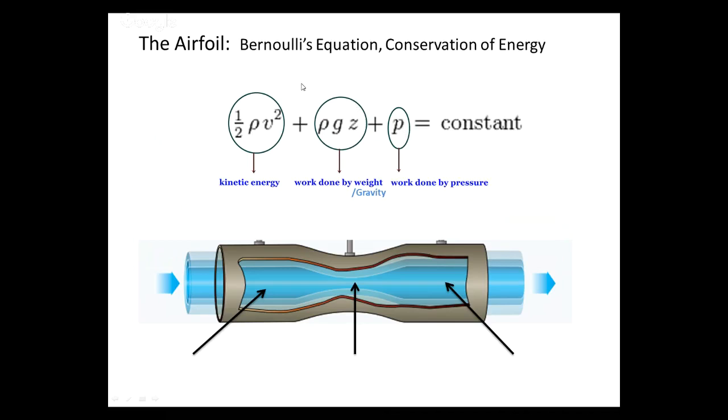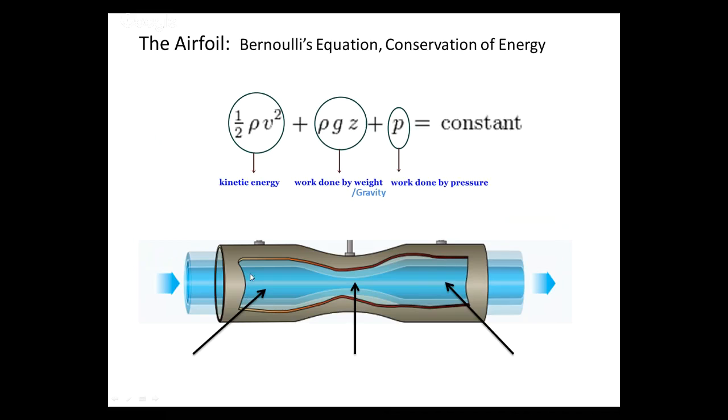What Bernoulli's equation essentially says is that the kinetic energy of the fluid, which is highly influenced by its speed, plus any work that's done to the fluid by gravity, which in this case is negligible, plus any pressure force, if you're applying a force to the fluid, all that's going to be constant throughout the entire pipe, no matter which section you're in.